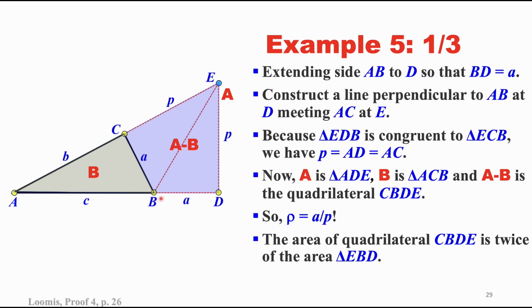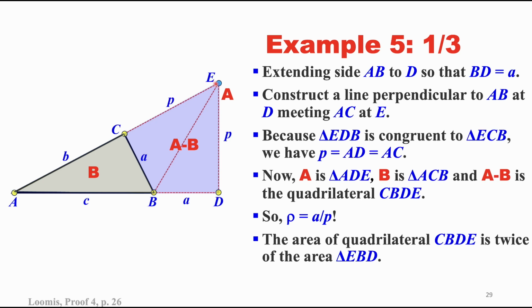So we have two congruent triangles, EDB and ECB. You can easily prove it because we have two equal sides, the common side, and the right angle. Therefore, this P is equal to this P. Currently, we could use A as this big triangle, B as the given smaller triangle, and A minus B is this quadrilateral.